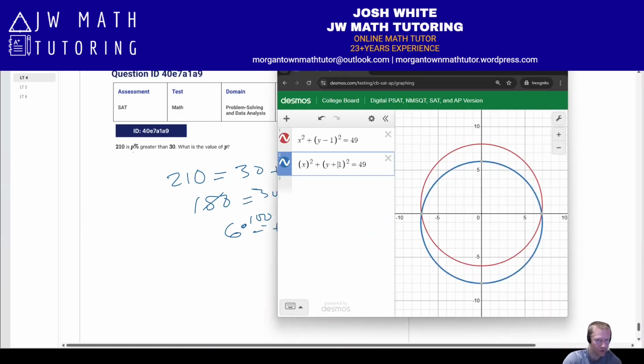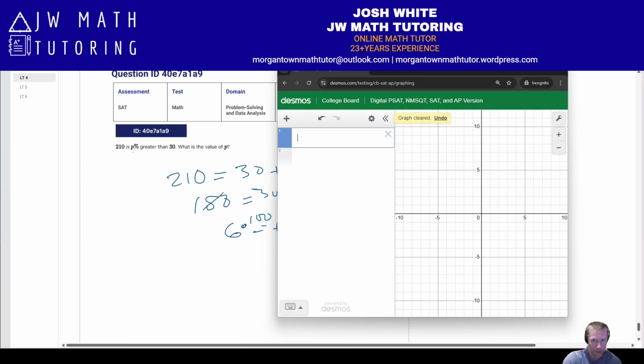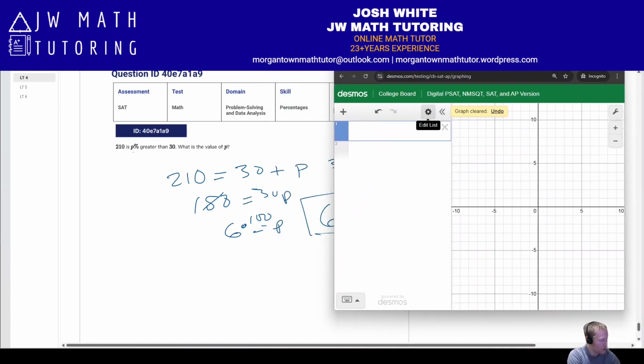Now, you could also, of course, go to Desmos, and we should be able to type the whole thing in here. Let me see. Does this work? No, let me try. Oh, I have to use X. That's what the issue is.